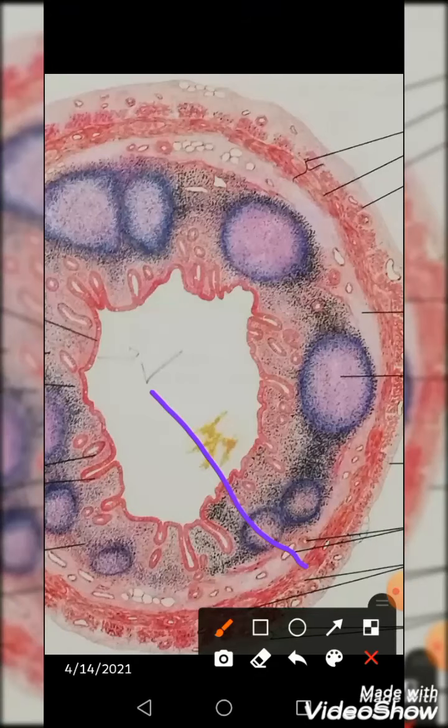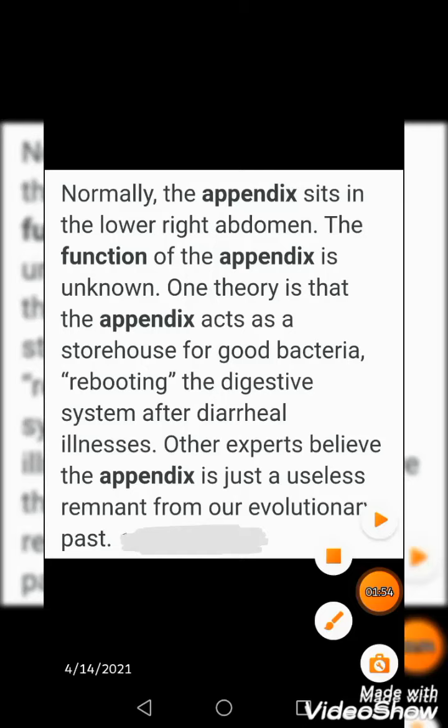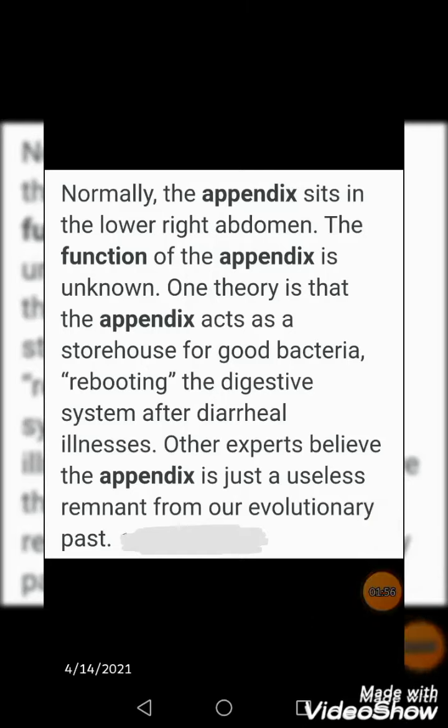So that was the detail of the vermiform appendix you have just learned. Another important thing that we must know: the appendix is present in your lower right abdomen.